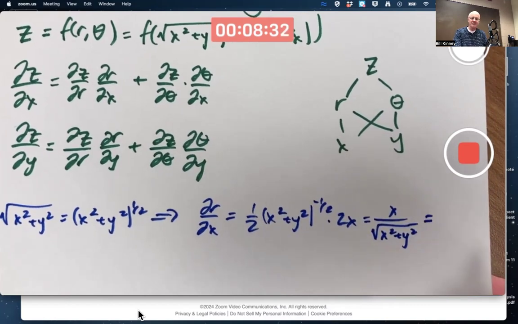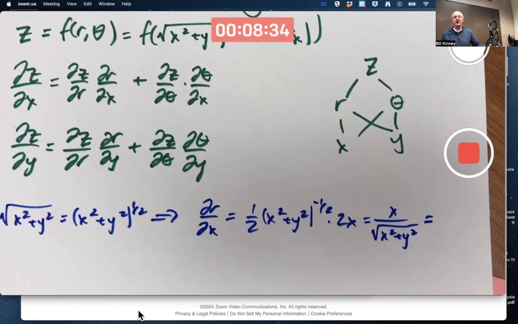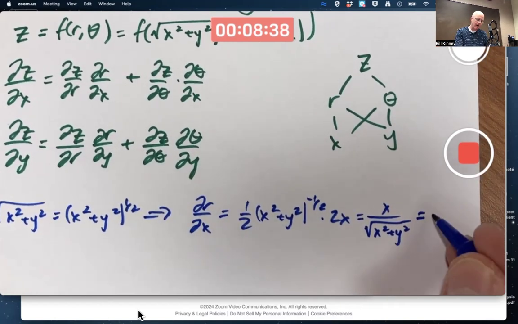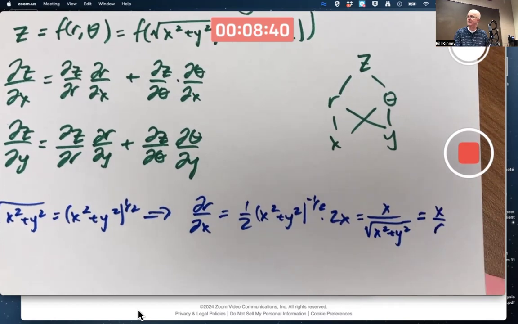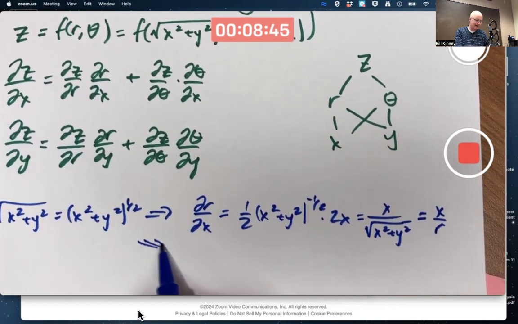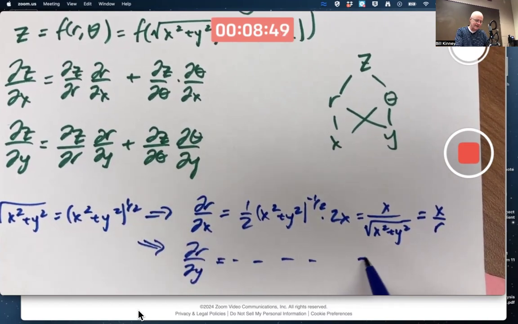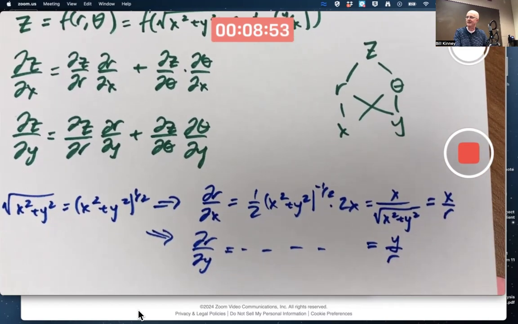And that, while it's true that's the derivative of r with respect to x, could also, using the fact that the square root is r, be written as x over r, which is kind of convenient. The partial of r with respect to y is something similar, except you get y over r in the end. Kind of convenient.